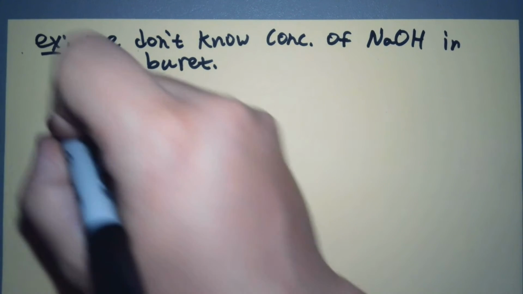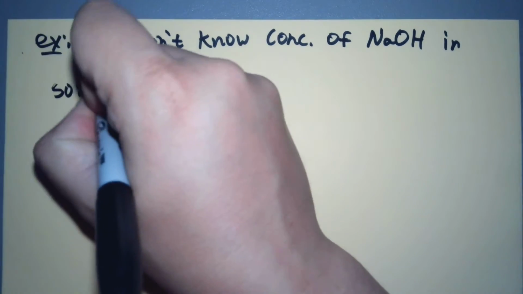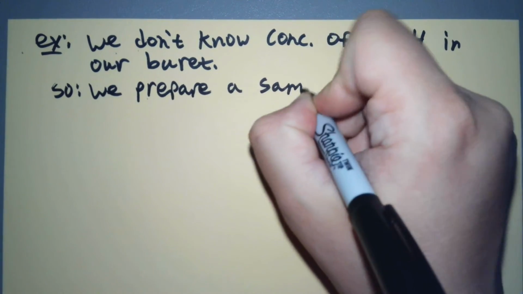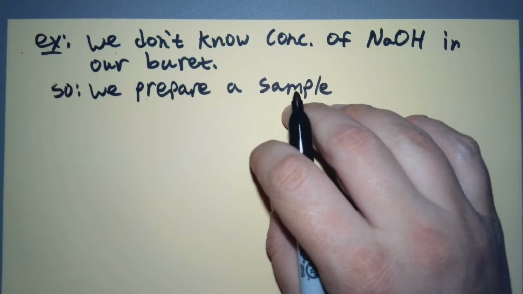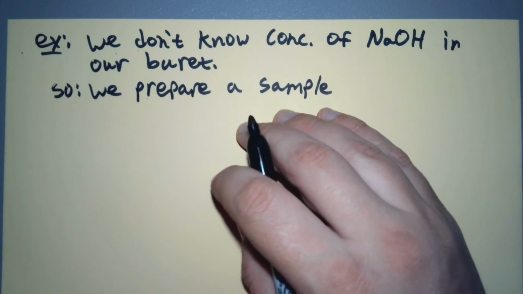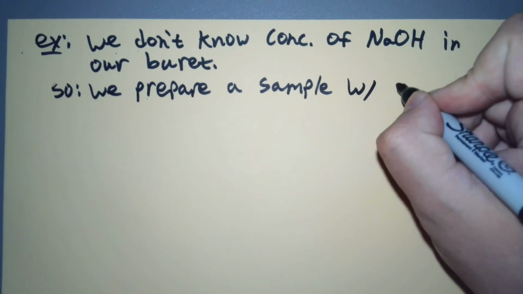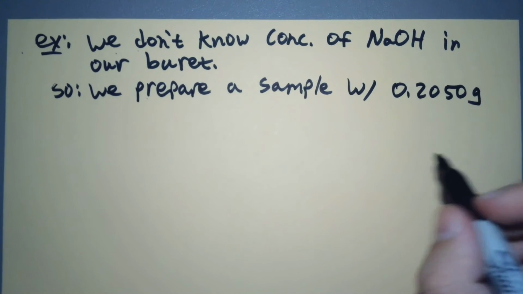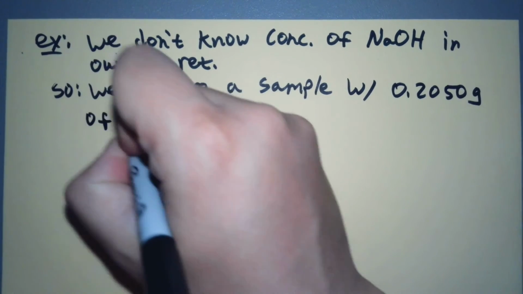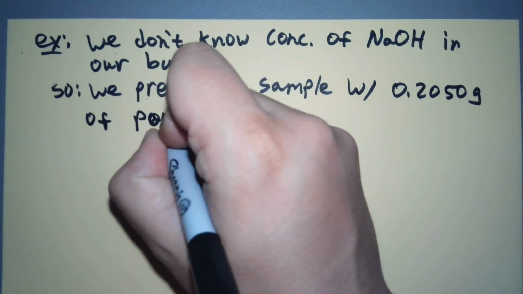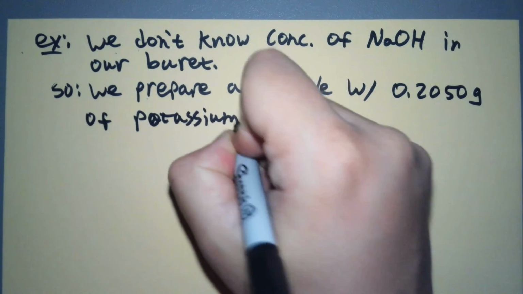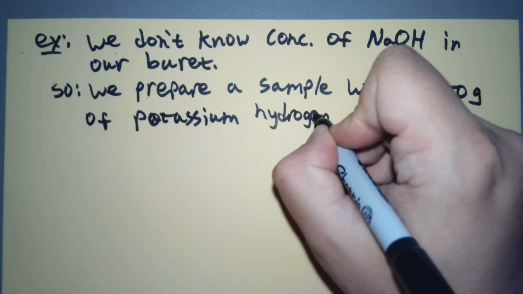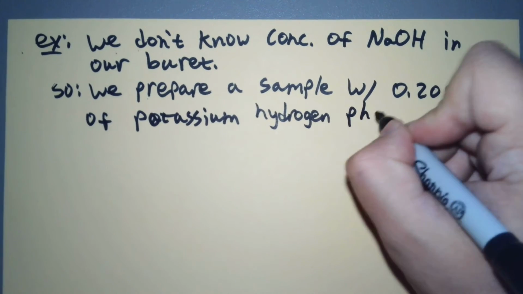So what we do, we prepare a sample. If you don't know what's in the burette, you got to know what's in the sample. So we're going to prepare a sample and we're going to know exactly what's in it. It's going to have 0.2050 grams, using every digit that the balance gives us, of potassium hydrogen phthalate, PHTH.